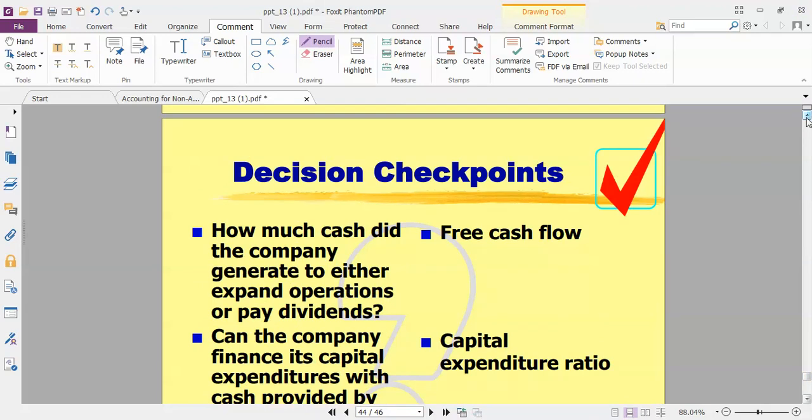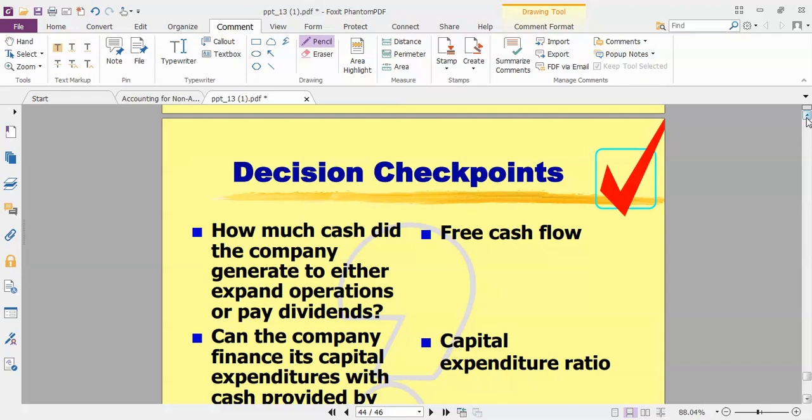After the company prepares the statement of cash flows, the management will decide whether to use the money to expand the operations or to pay the dividends.